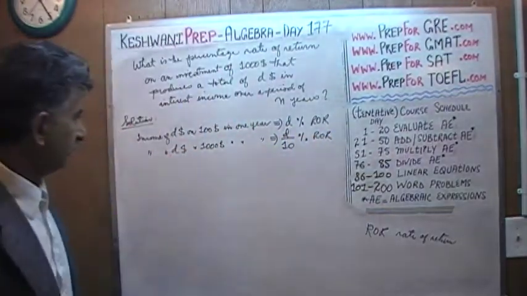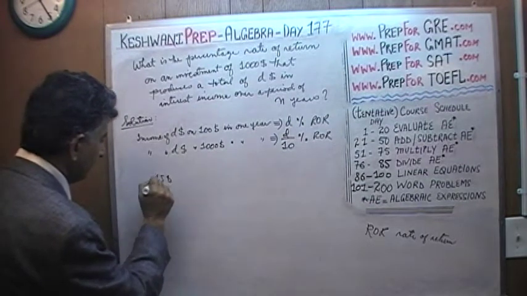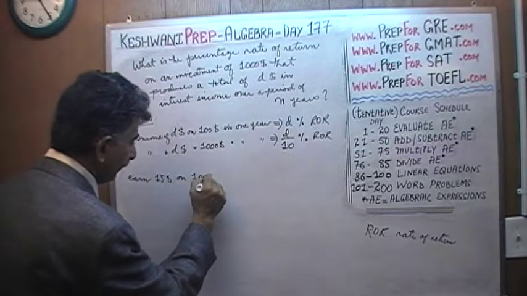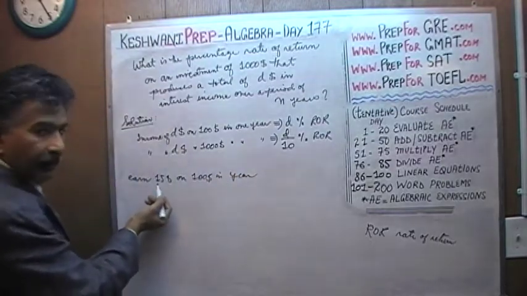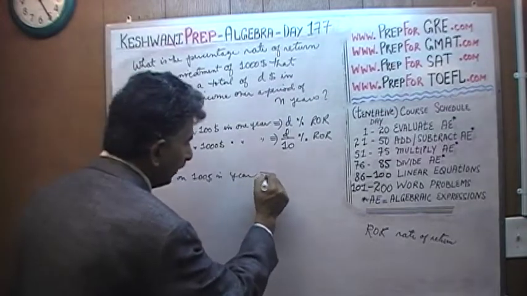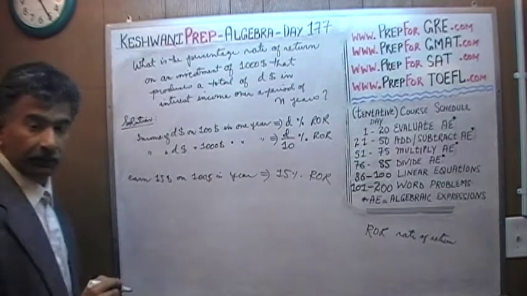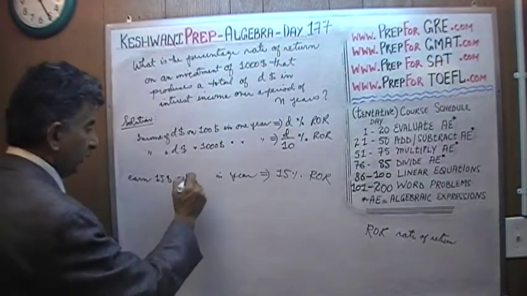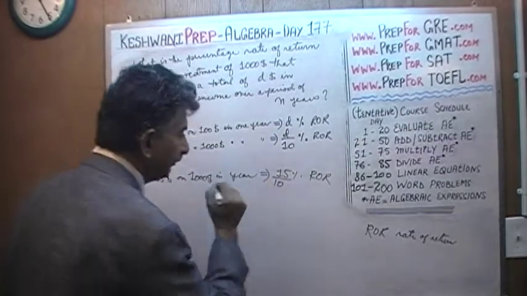One more time, I'm going to do it with an example. Let's say we earn $15 on an investment of $100 in 1 year. That would imply a 15% rate of return. But if we were to earn the $15 return on an investment of $1,000, that would imply a tenth of the return.